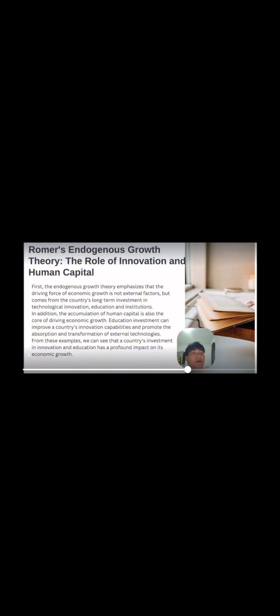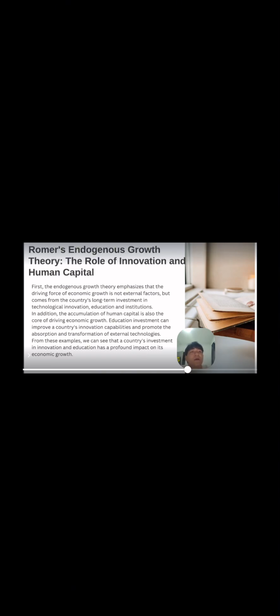Similarly, Israel's R&D investment accounts for 5.6% of its GDP, and it has performed well in fields such as cybersecurity and medical technology. It can be seen that R&D investment plays a vital role in promoting innovation and technological progress.